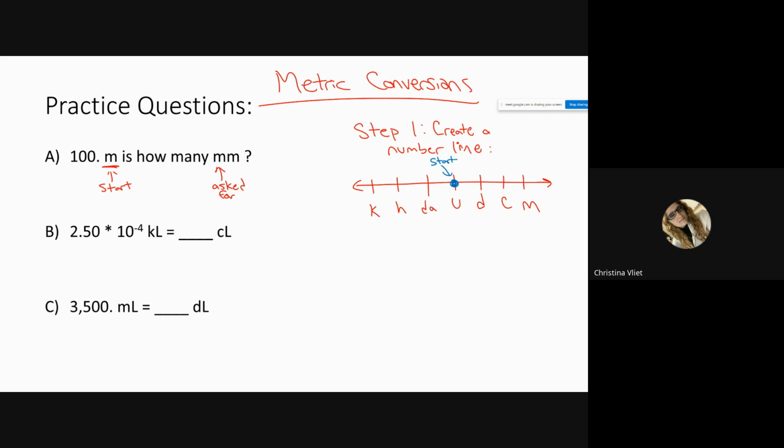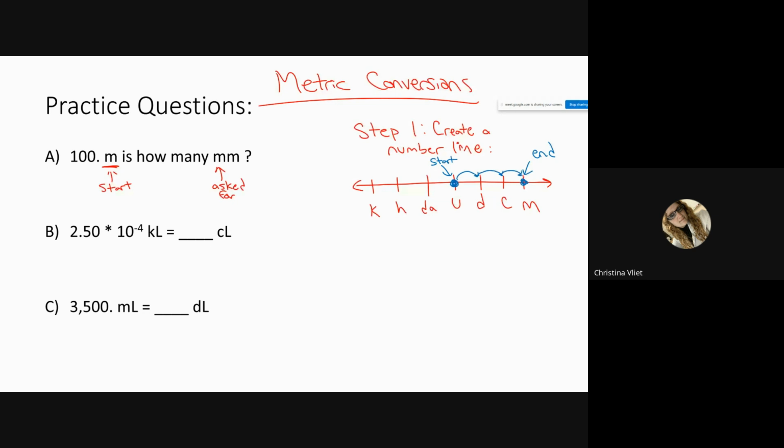Where am I ending when I want to do this conversion? I want to go from meters to millimeters. You're going to go to that one. So this would be my end. And now, here's the really cool idea. If the light bulb clicks and you get this, it's going to be super easy to do all metric conversions. How many spots away is M from you? 3. 3 to which direction?